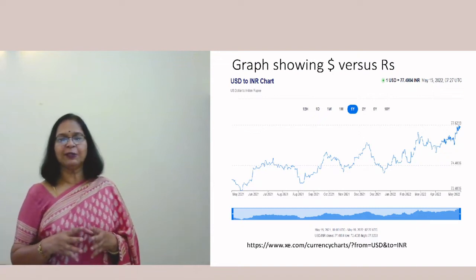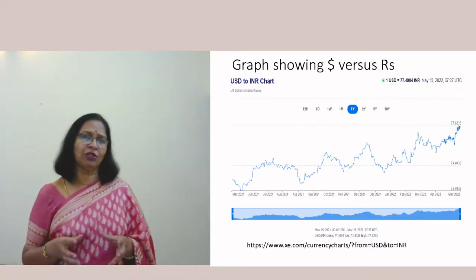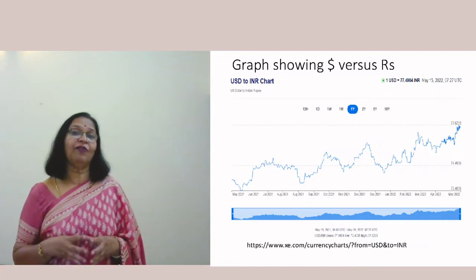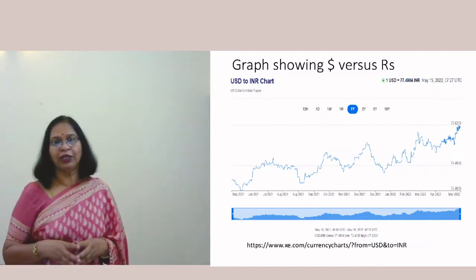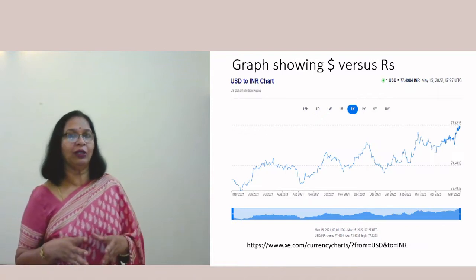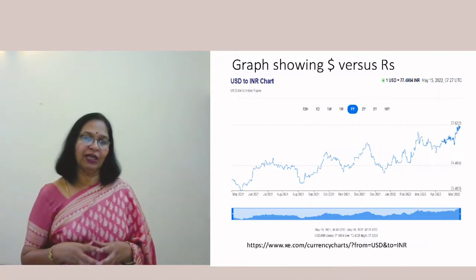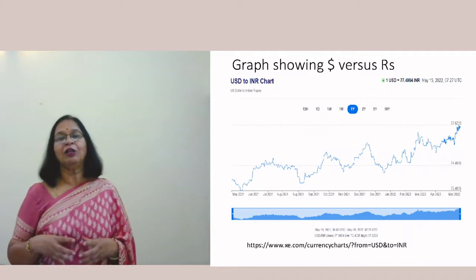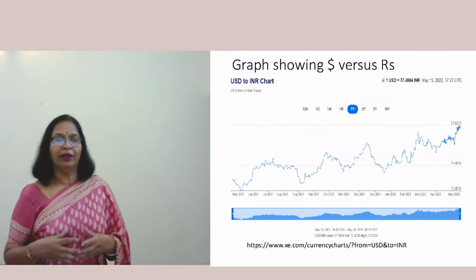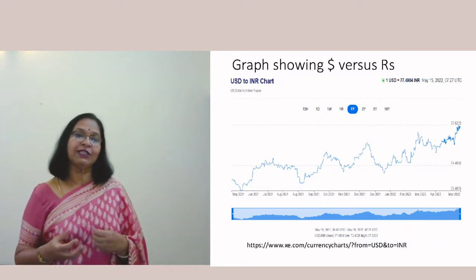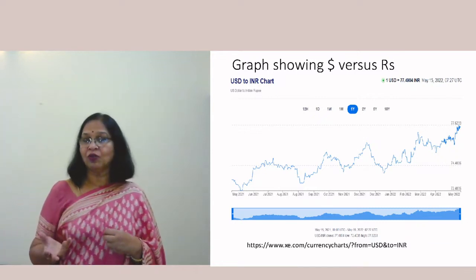It influences the macroeconomics of the country as well, and there are a variety of factors that influence this exchange rate. It could be the import and export of the country, it could be how the macroeconomics of the country is doing, what is its inflation, what is the rate of interest in the market, then what are the kinds of portfolio investments coming into the country or going out of the country.